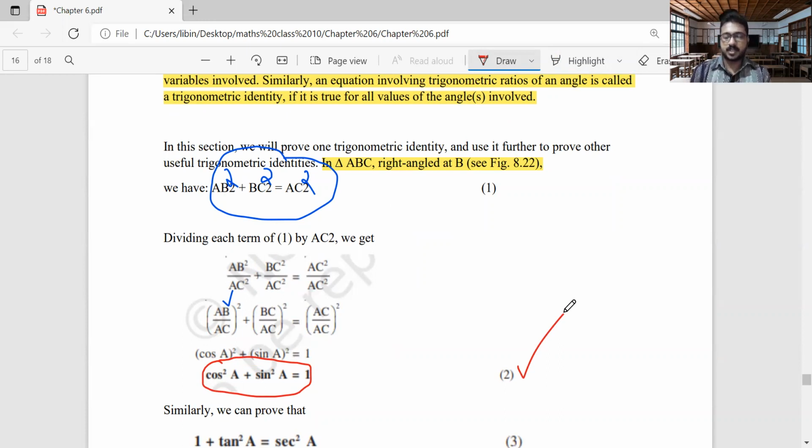It is very simple actually, but it is one of the basic identities, because as long as you are dealing with mathematics, especially trigonometry, anywhere you can expect a problem where we can make use of this identity. These identities are important, specifically this one.